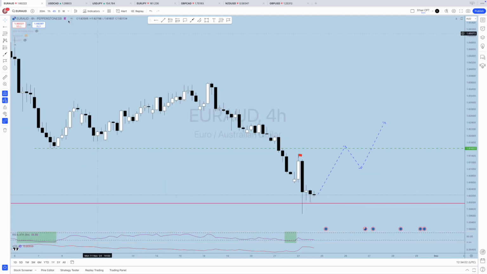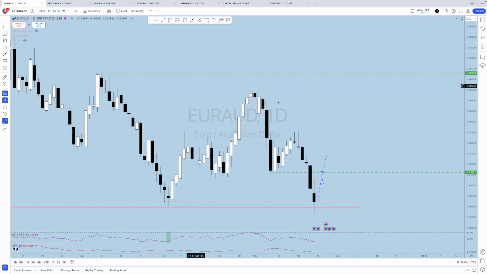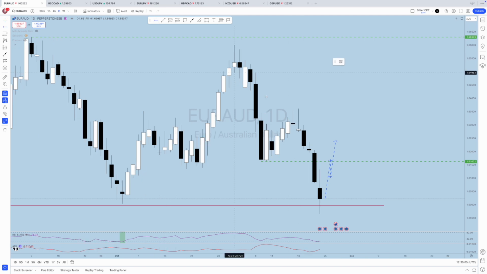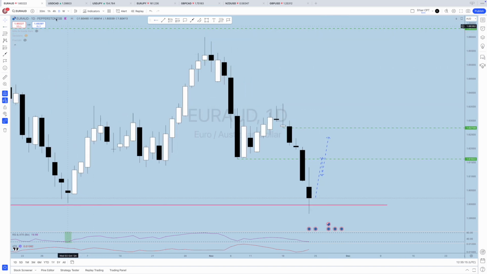So in this case, I'll go up to the daily chart and look for a second target. The next most logical place to take profit is at the low of this candle. So this will be my potential take profit.